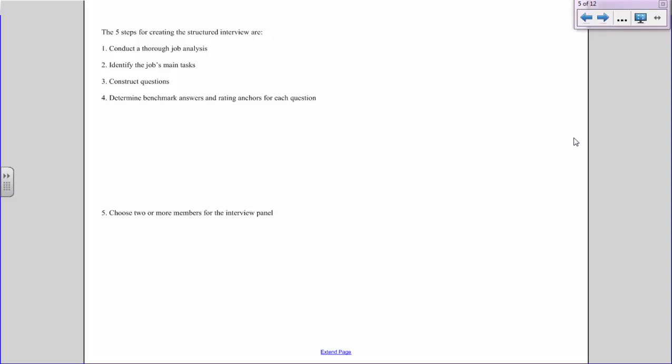And that's to make sure that questions are designed to find out if applicants' skills and experiences match those needed to successfully perform the job. So we're trying to figure out tasks needed, the knowledge, skills, abilities, other characteristics, and experience required to do the job well.